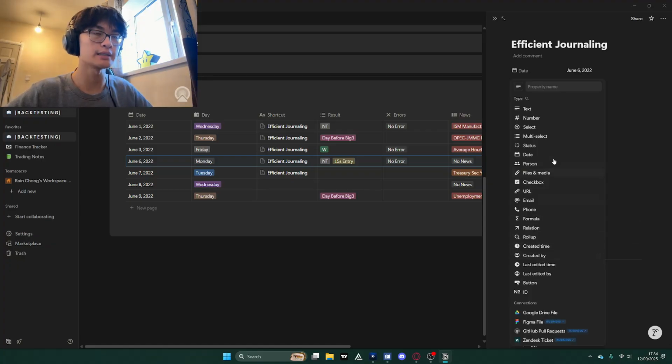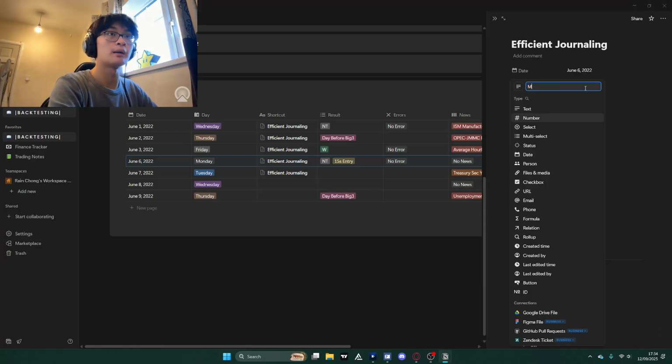We're actually gonna add another property: model time frame.